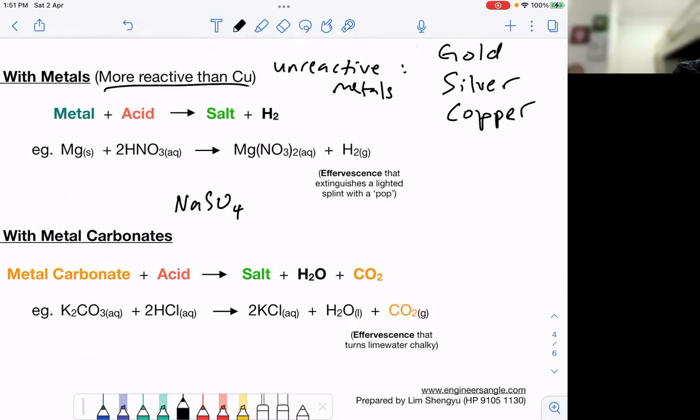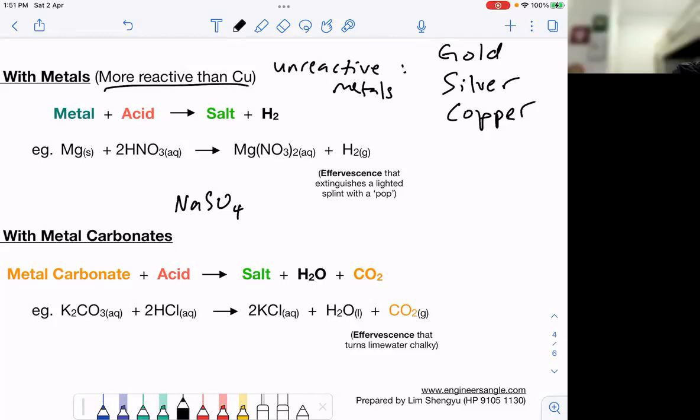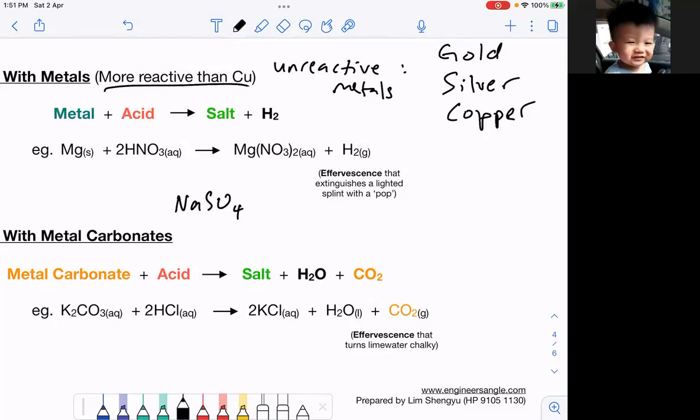You're using sodium, so you must have been looking at sodium in the periodic table earlier. What is the sodium ion? What's the sodium ion? Na+. Are you okay now?